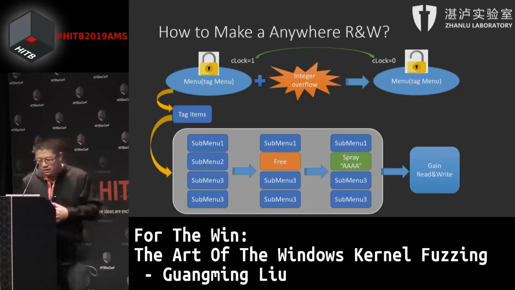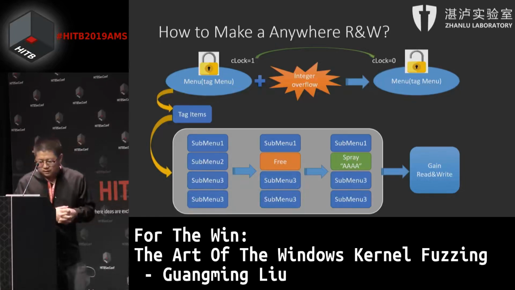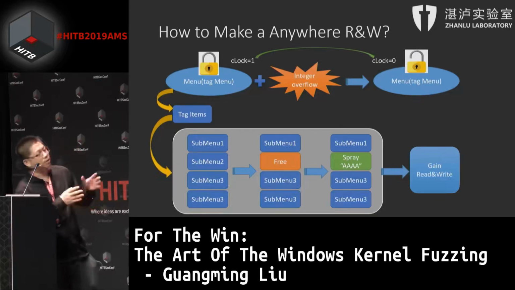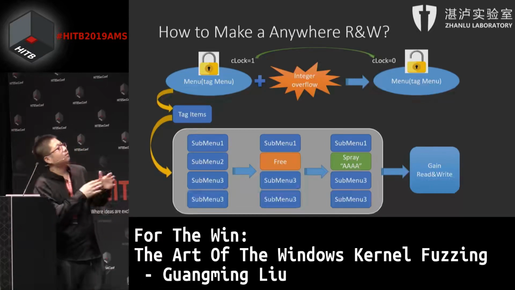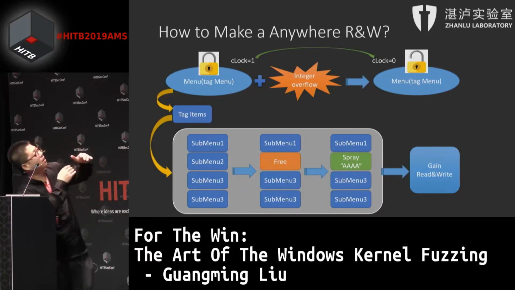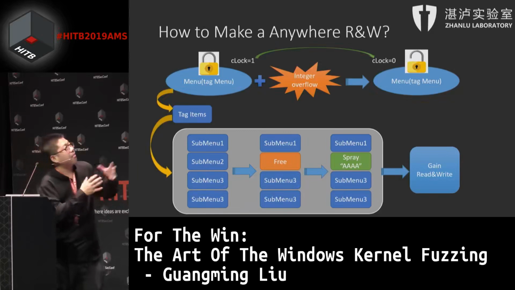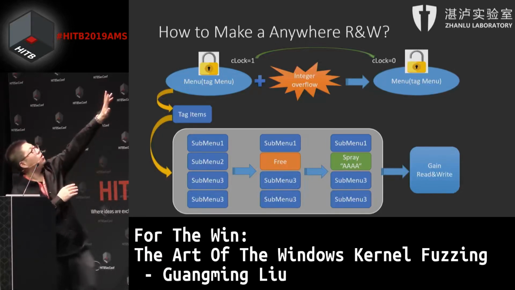So we choose the menu object, and we put the menu object behind the cursor object. When the overflow happened, it will write the menu's lock bit.